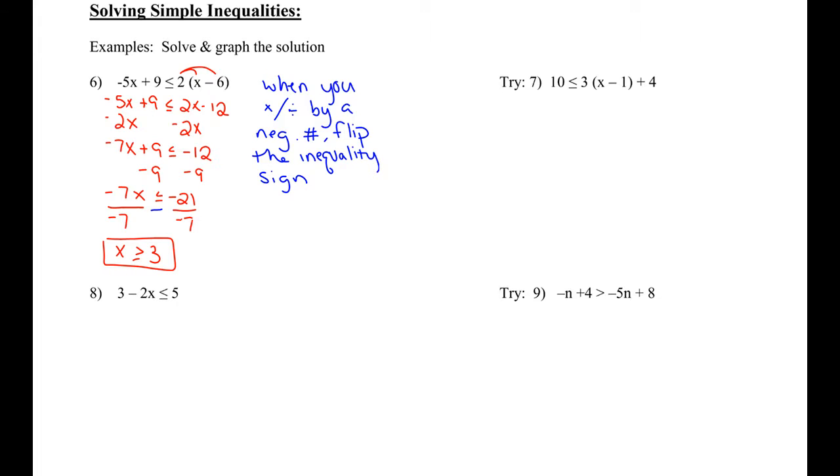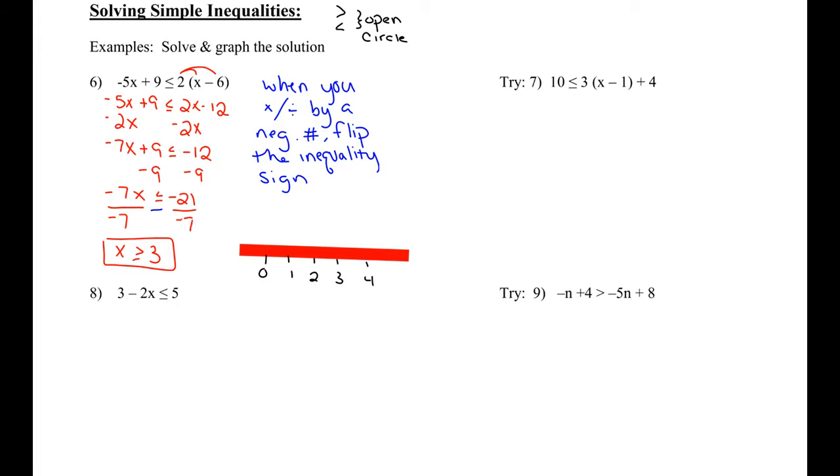This is my solution. I now need to graph this on a number line. So we're going to draw in a number line, and I'm just going to add some tick marks here. We also need to remember that if I'm looking at greater than or less than, on my number line I'm using an open circle.